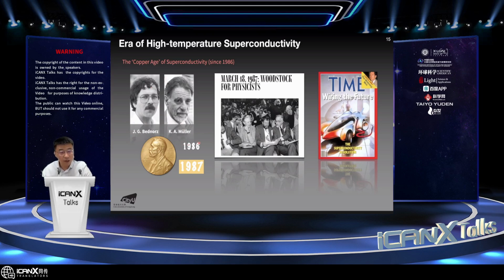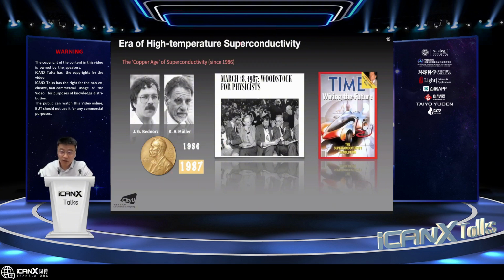Because this discovery was so mind-boggling, after roughly 18 months, these two gentlemen were awarded a Nobel Prize for their discovery of high-temperature superconductivity in a copper oxide, or a cuprate.